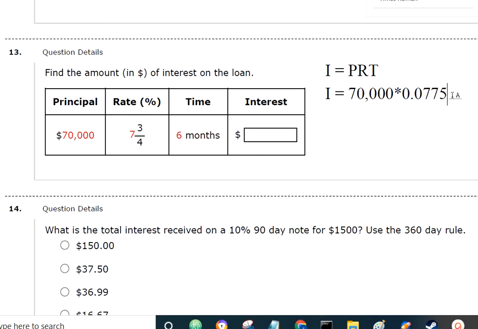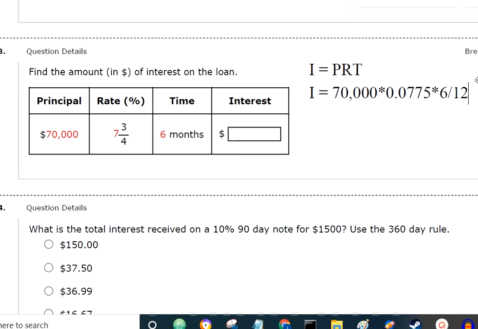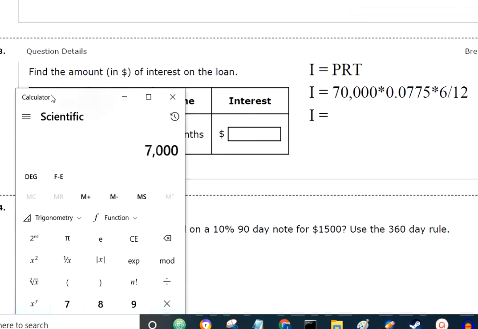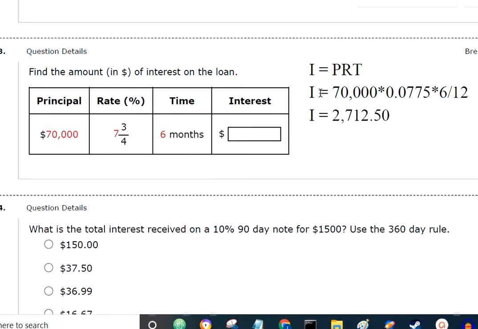And then the time, remember, time always has to be in terms of years. So make sure to divide 6 months by 12. Okay, and you can just punch that all through your calculator. $2,712.50.